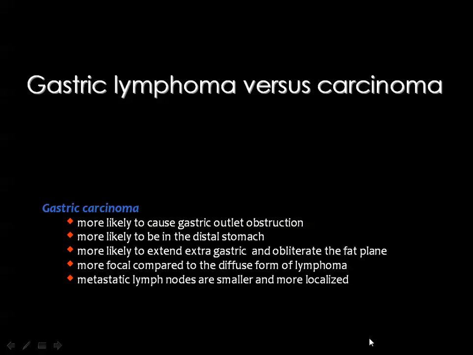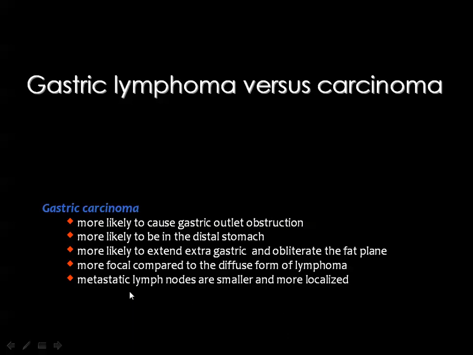adjacent organs. In cases of lymphoma, the lymphoma is usually diffuse and involves the whole gastric wall and infiltrates the mucosa, resulting in hypertrophy of the mucosa and maybe reduction of the gastric lumen.